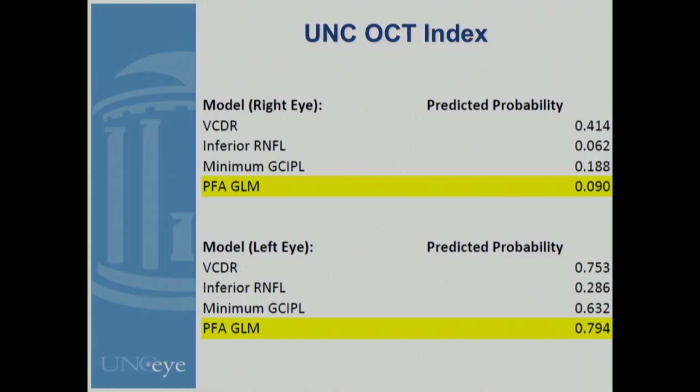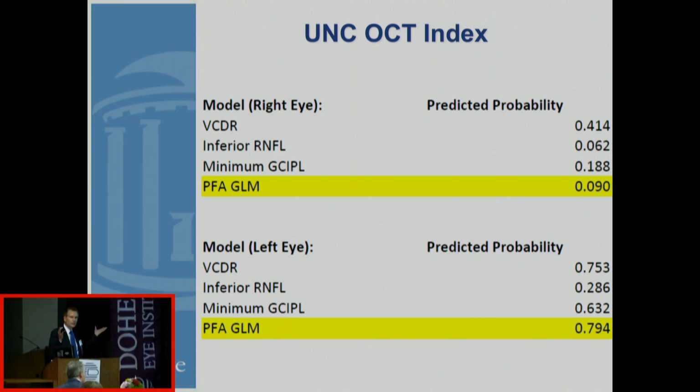So, basically what we can do using exploratory factor analysis is look at all those parameters that I just showed you, put them into a Bayesian analysis model, and come up with a predictive ability that the right eye, which did not have any red or yellow, has a 9% chance that that scan represents glaucoma, whereas the left eye with that ganglion cell IPL defect and minimum rim thickness, an 80% chance that that represents glaucoma.